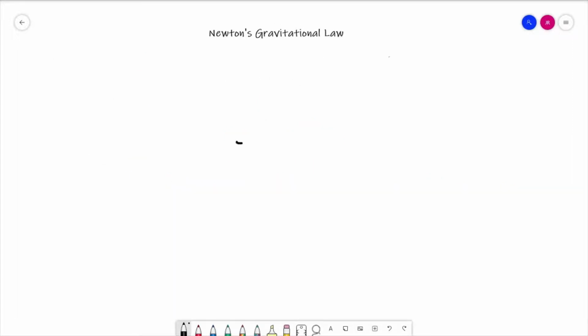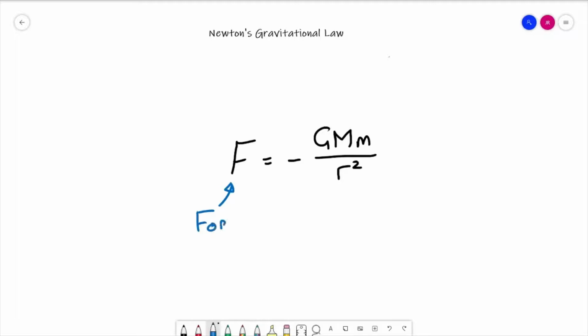If we bring that equation over to a new slide, then we have F is equal to minus G big M little m over r squared. So let's just make sure that we define our terms. F is force, the M's represent the masses of the objects.